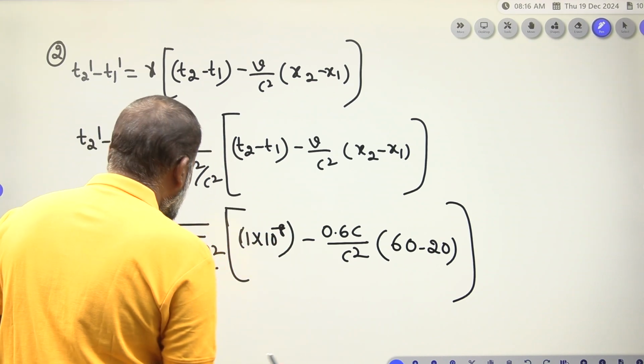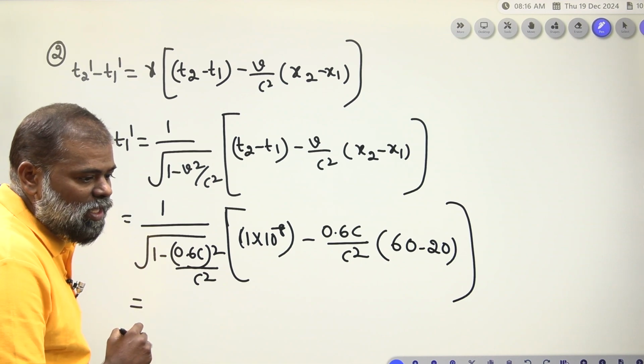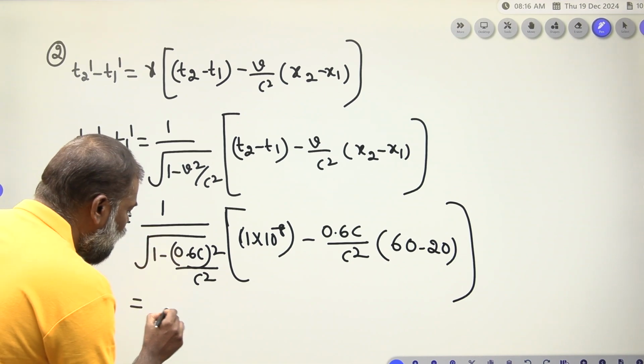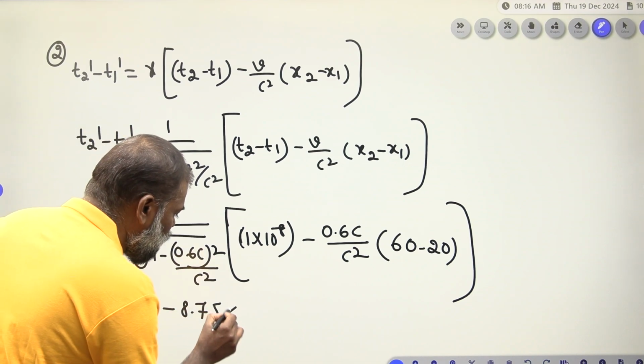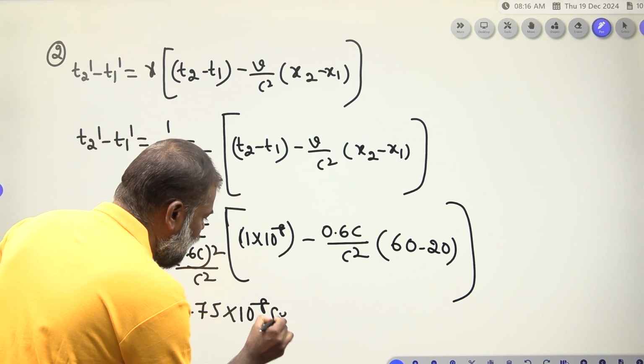You simplify and you are able to get the answer. What is the answer? Minus 8.75 into 10 to the power of minus 8 seconds.